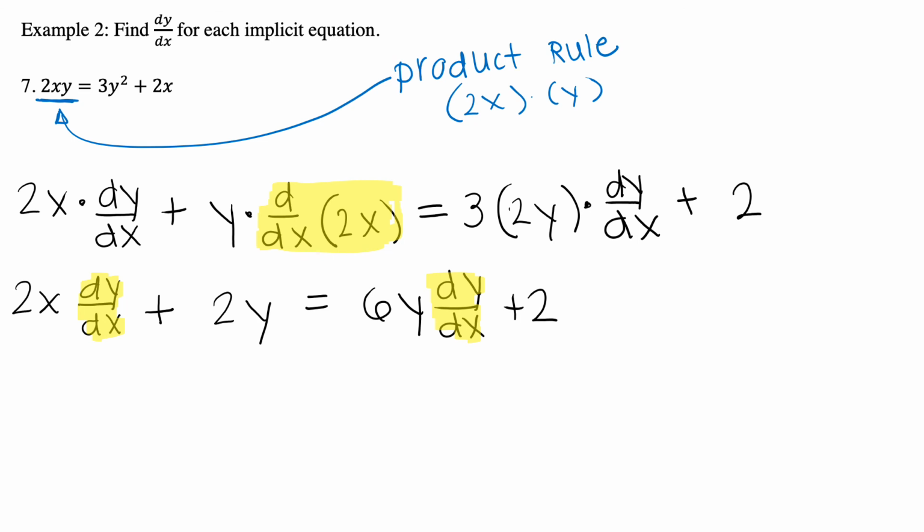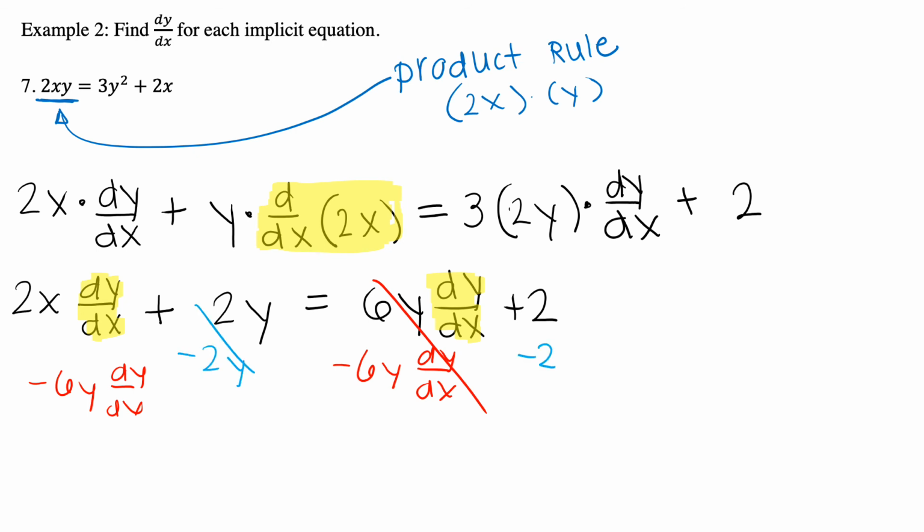So I'm going to subtract 6y dy/dx from both sides, and then subtract 2y from both sides, so that what I have left is 2x dy/dx minus 6y dy/dx equals 2 minus 2y.